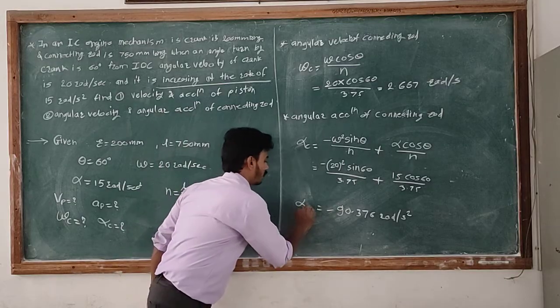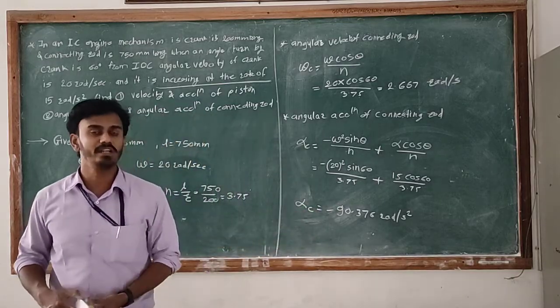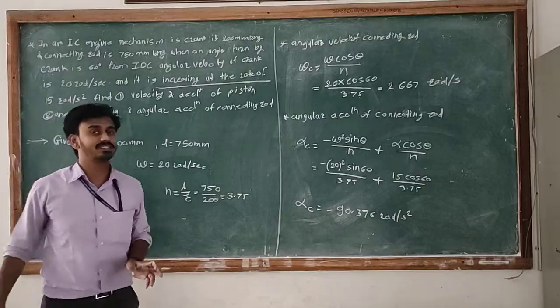The angular acceleration of the connecting rod is minus 90.376 radian per second square.